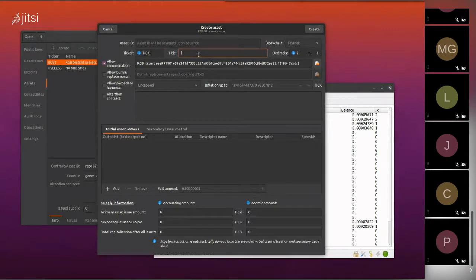So 3 topics: the length of the title, the limitation of the number of decimals to 8 or 10 at most, and the negative inflation or deflation done with either Simplicity or a special meta parameter in the RGB20 schema. Those are the 3 questions I have opened.